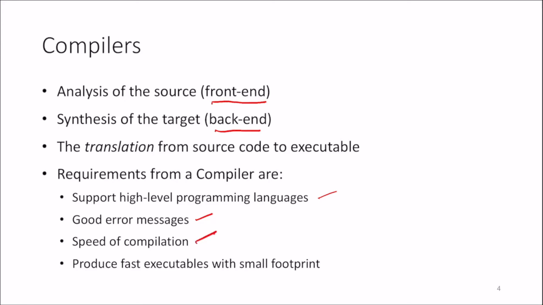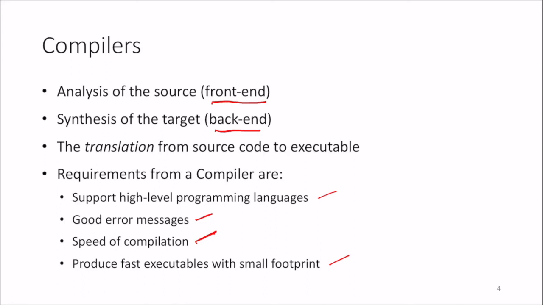The speed of compilation is an important aspect of a good compiler. You don't want to wait around for a long time for your program to compile. So a good compiler should compile the code very, very quickly so that the programmer is not waiting around. And finally, your compiler should produce fast executables.